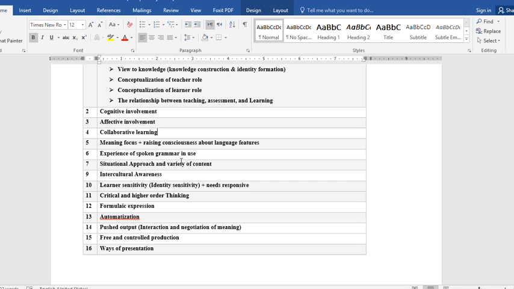Even if they write a conversation or insert a dialogue in the textbooks, the dialogue is unfortunately written based on written grammar. And then by that dialogue, they give students the opportunity to have a spoken practice of written grammar.